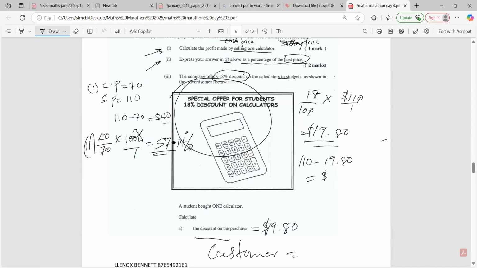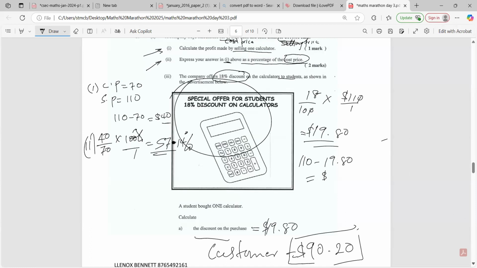Let me see. 110 minus 19.80 is $90.20. So that's what the customer would pay. Sometimes they will ask you that question. So you subtract the discount, right? After you take off the discount, it works out to that.